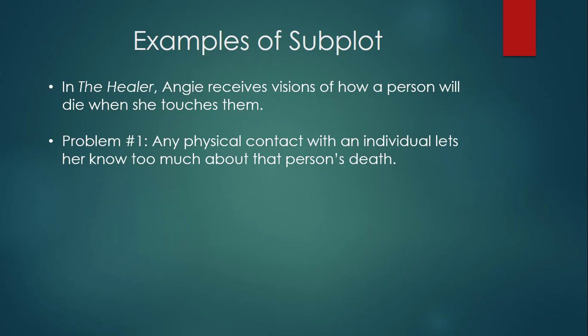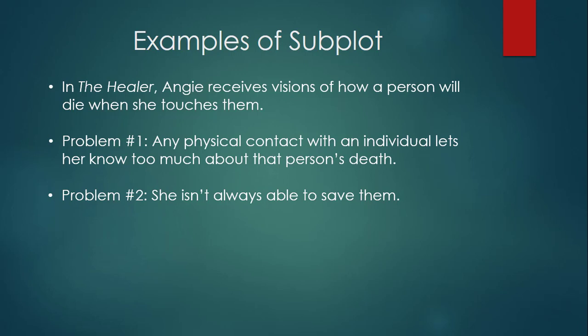We talked about a narrative line essentially being one problem after another, getting more complicated as the story goes. So here's another problem. She isn't always able to save the people she comes in contact with, because not everyone is going to die the next day.